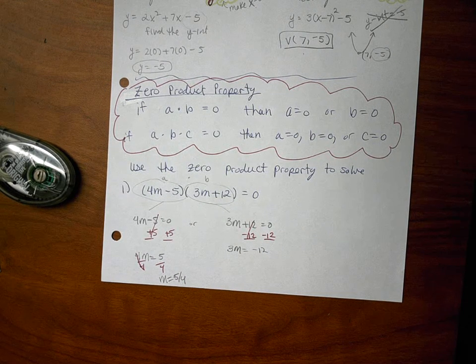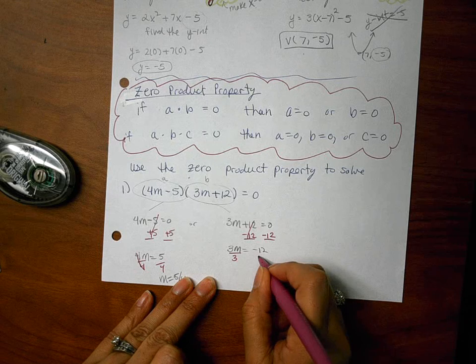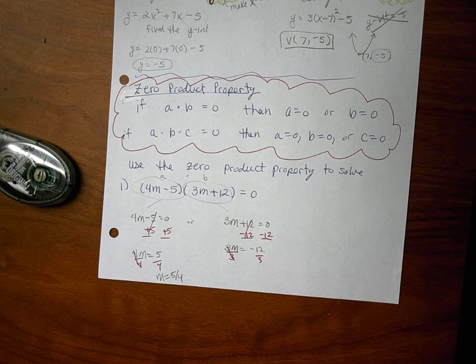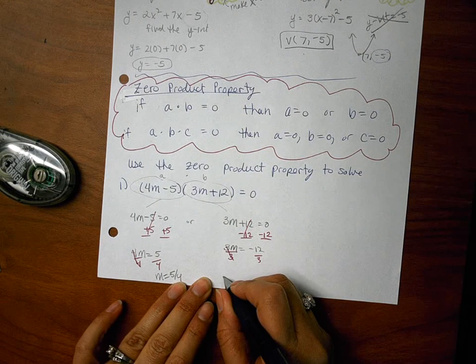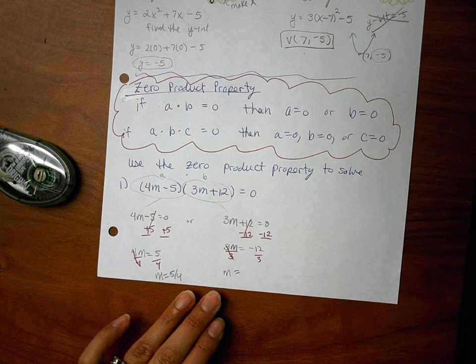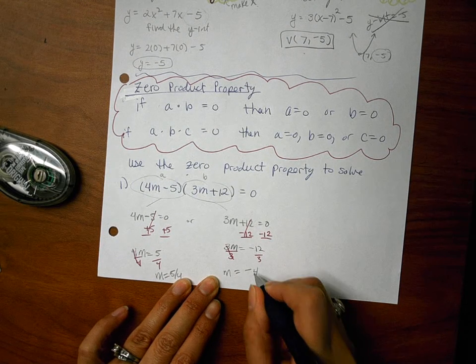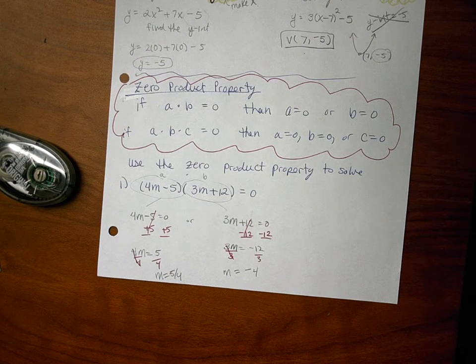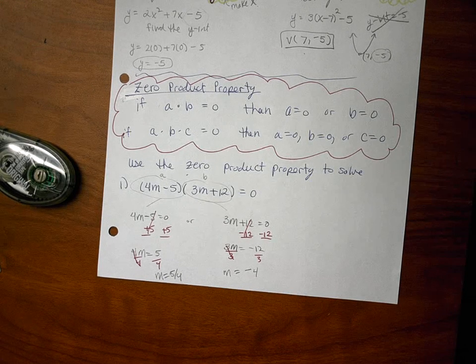Divide by 3 on both sides. M equals, oh, excuse me, m equals negative 4. All right, and there are your two solutions.